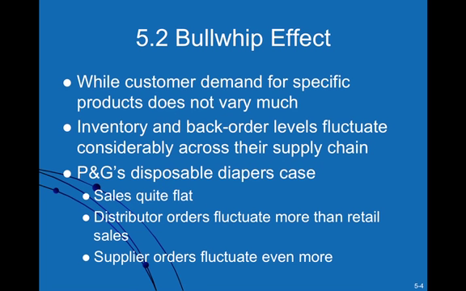Now, there's a concept that plagues supply chains, which is a concept called the Bullwhip Effect. And what it signifies is that while customers have a certain demand pattern, if you actually propagate backwards through the supply chain, you will see that that demand pattern actually gets quite distorted.